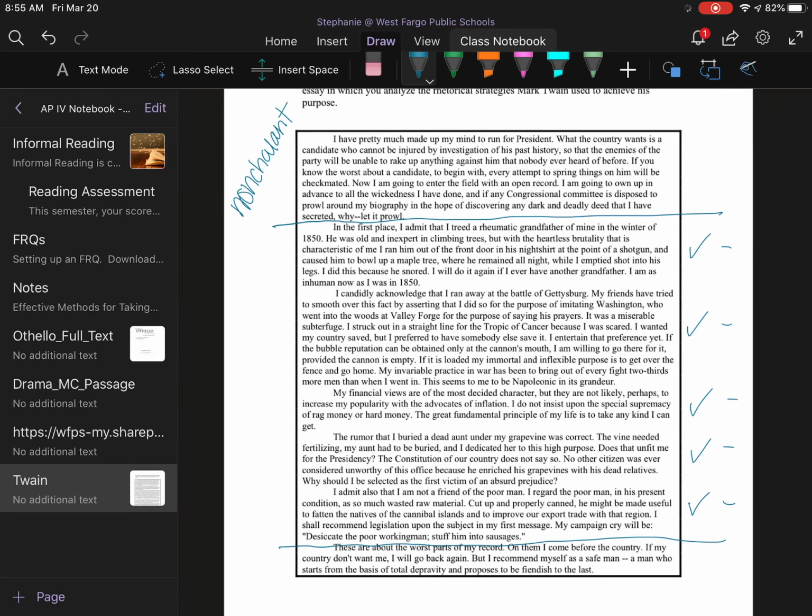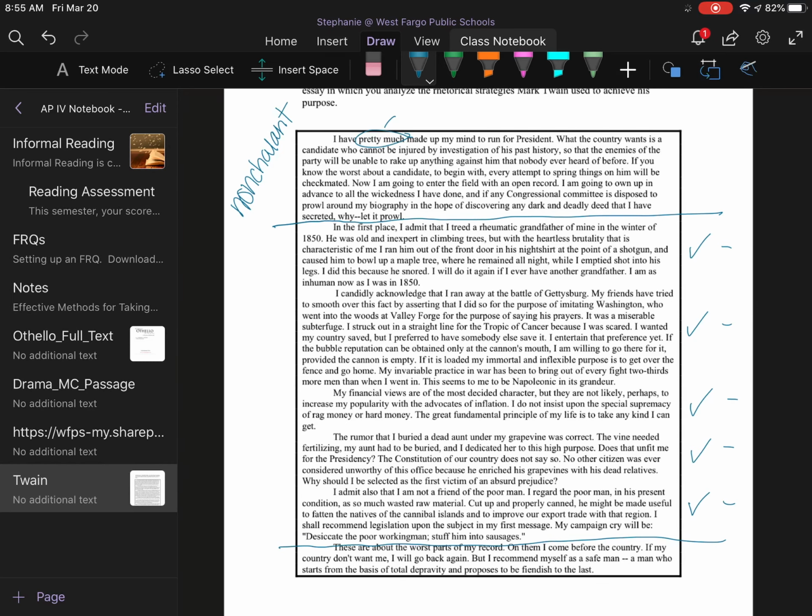Now, where do I see that in the passage? Right away, this diction or word choice is nonchalant because it's saying that they've come to the decision of running for president without much pomp and circumstance. They're just like, I pretty much decided I want to be president, right?